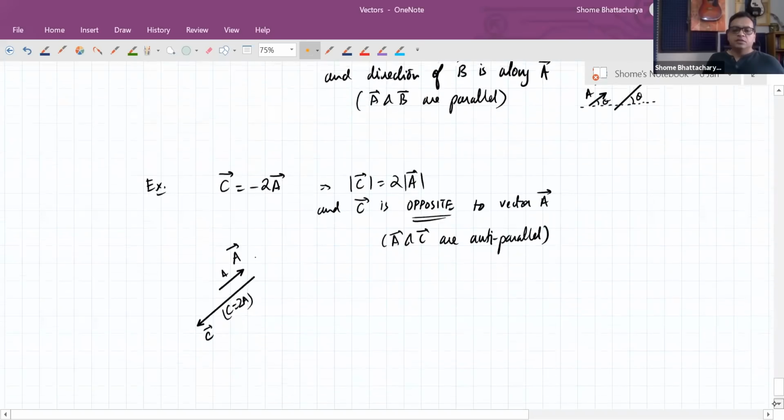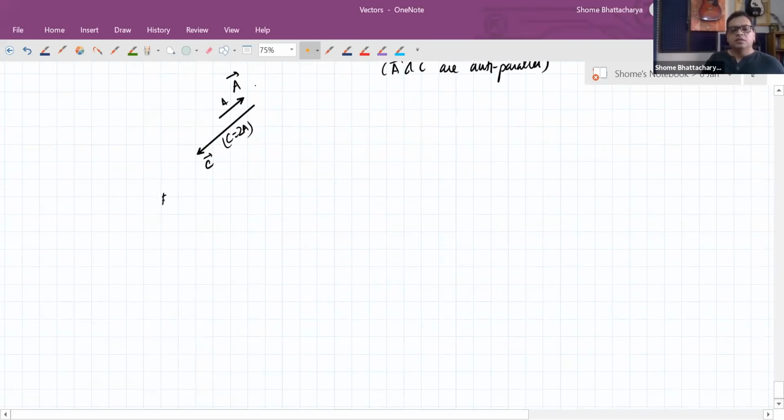And of course, we have the exceptional case of multiplying a vector with 0. So that becomes a null vector. This is a trivial case, nothing exceptional over here. So that's one of the ways in which we can come up with the null vector, okay, or one of the significances of the null vector, that if you multiply any vector with the scalar 0, you get the null vector.